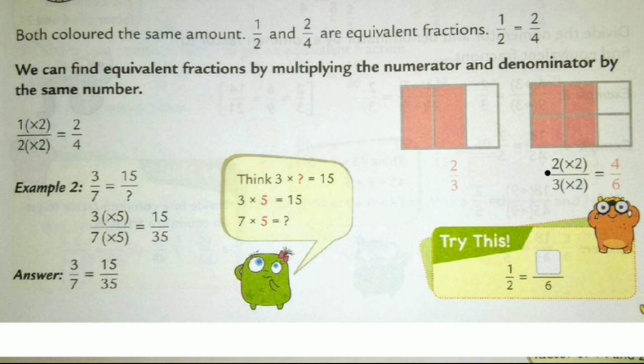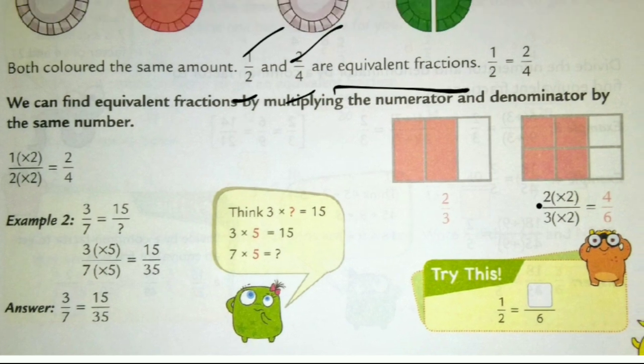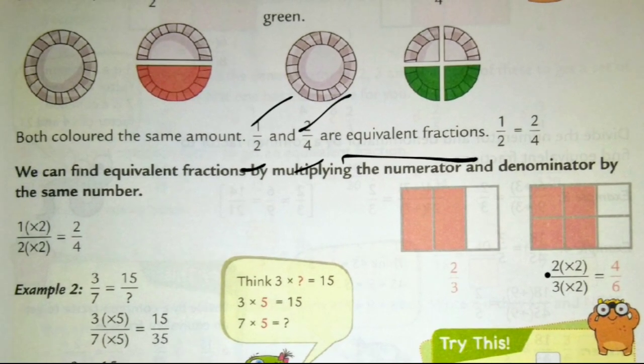See, in the first one, 1 by 2 and 2 by 4 are equivalent fractions. See, in this one, this is 1 and this is 1 by 2. This is 1 and this is 2 by 4.